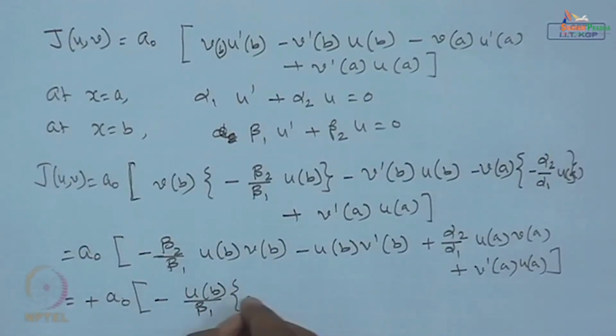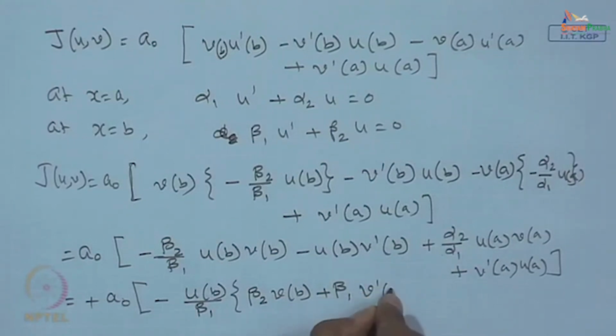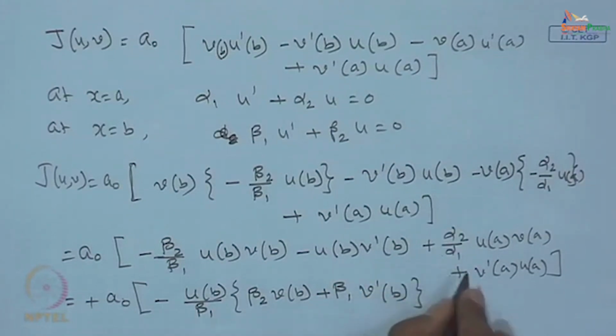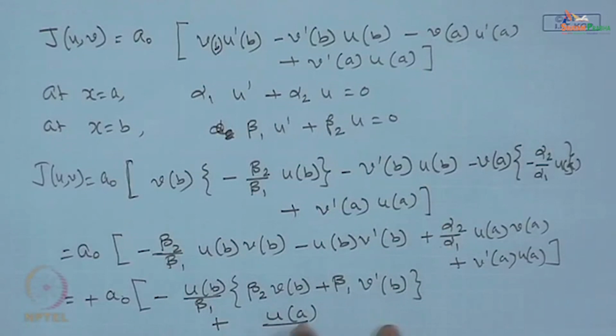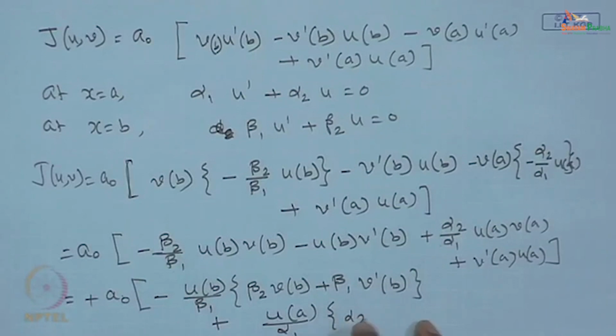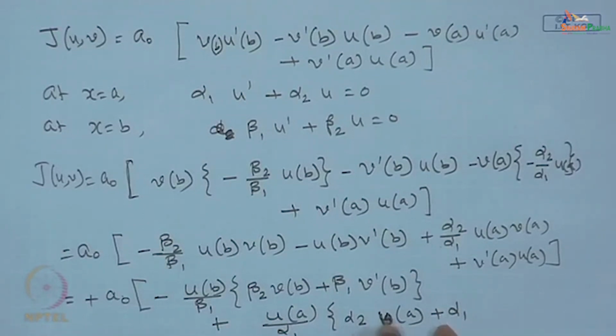What we will be getting is beta 2 v(b) plus beta 1 v'(b), and combining the other two terms, plus u(a) divided by alpha 1 common, you will be getting alpha 2 v(a) plus alpha 1 v'(a).